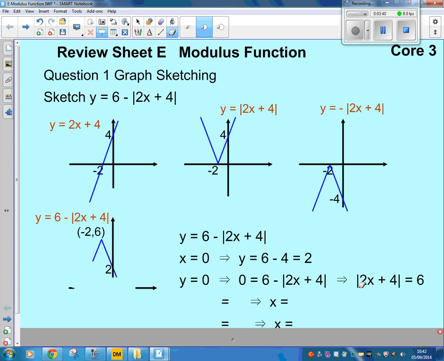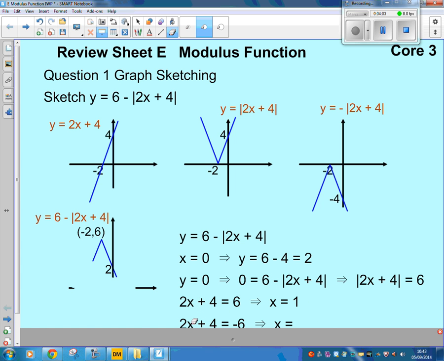You don't just want where 2x plus 4 is equal to 6, you do want that, but you can also have 2x plus 4 is equal to minus 6, because the modulus of minus 6 comes to 6. So let's look at the two solutions. 2x plus 4 equals 6. That gives you that 2x equals 2, x is 1.